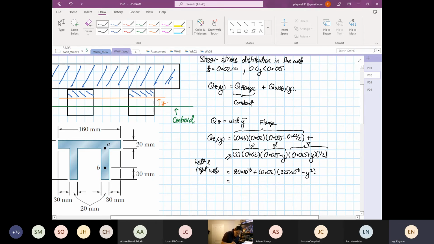So this is 80 times 10 to the power minus 6 plus 225 times 10 to the power minus 6 times 0.02, which is equal to 4.5 times 10 to the power minus 6, minus 0.02 y squared. So finally, you will get 84.5 times 10 to the power minus 6 minus 0.02 y squared.